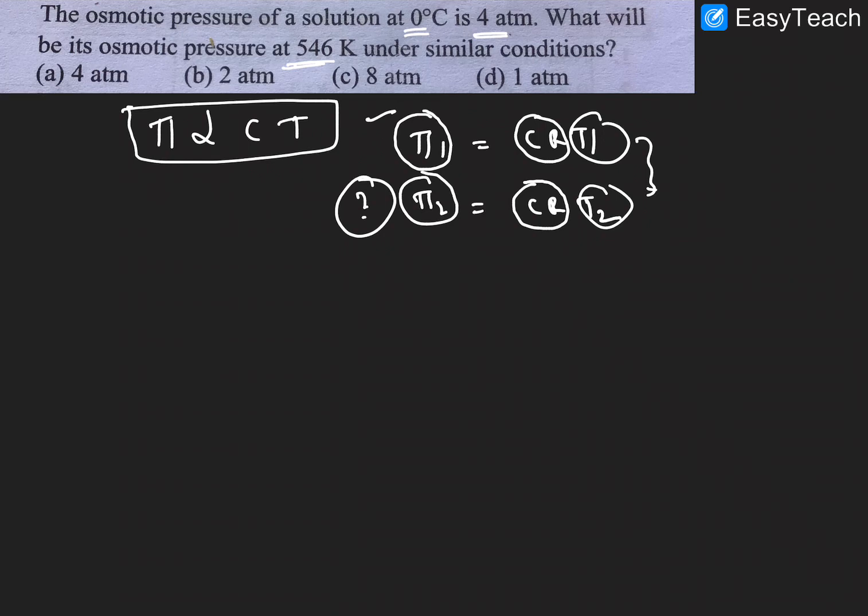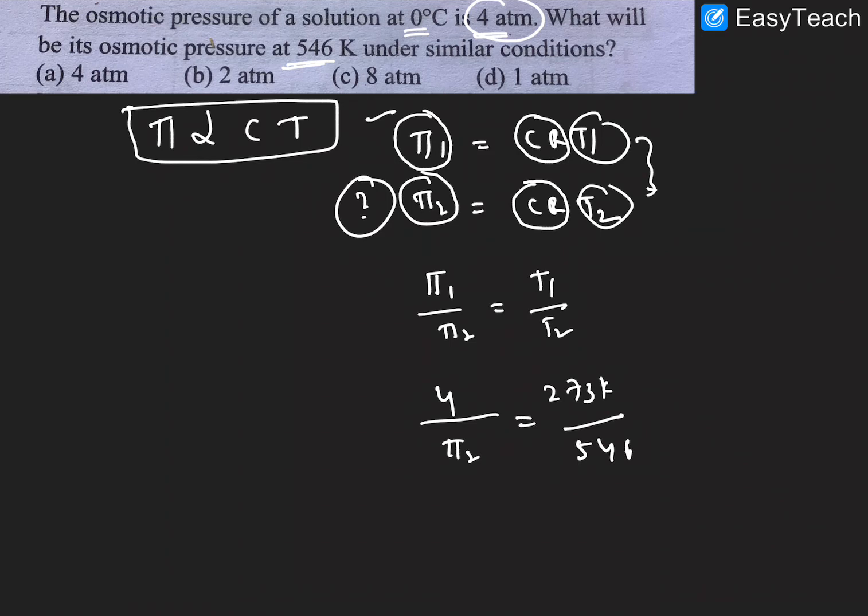I hope this question is very clear. So the resultant formula is pi1 by pi2 equals T1 by T2. The first pressure is 4, so 4 by pi2 is equal to 273 Kelvin, 0 centigrade being nothing but 273 Kelvin, divided by the second temperature.